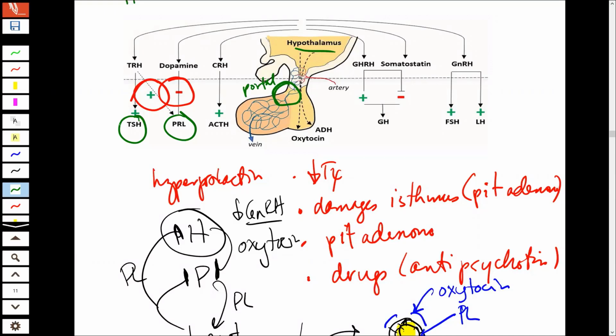But remember, is prolactin physiologic? And what's the single biggest physiologic stimulation of prolactin? She's trying to get pregnant. Wouldn't that be embarrassing? Right?